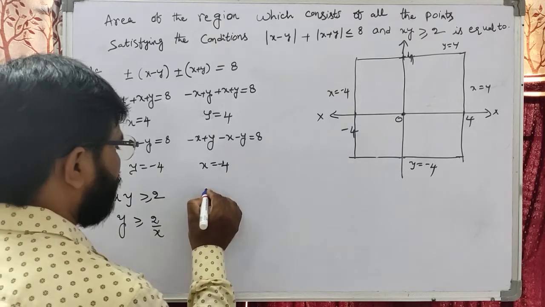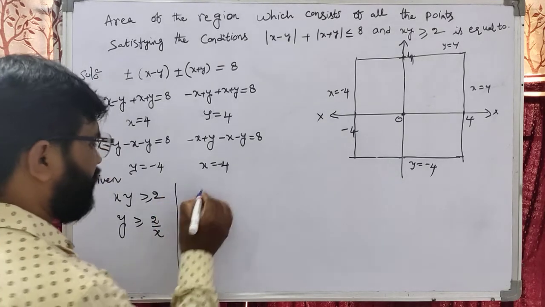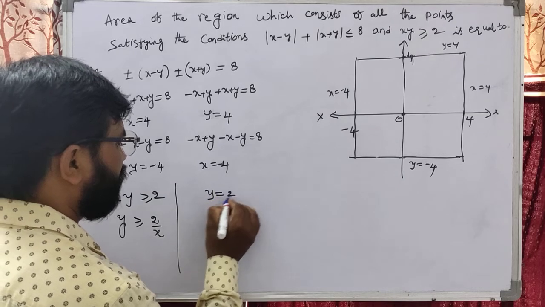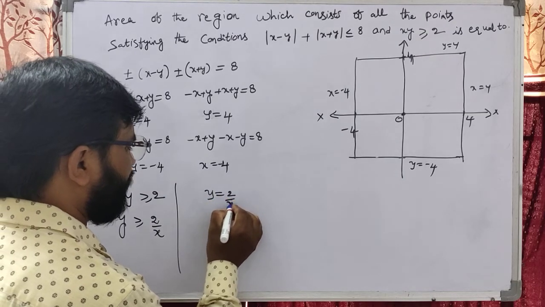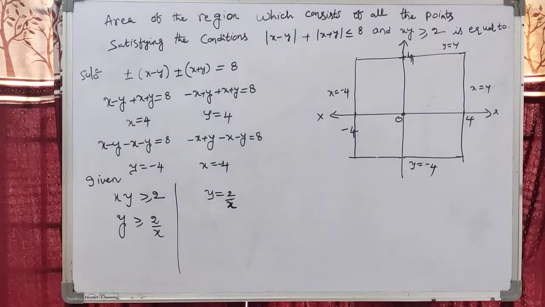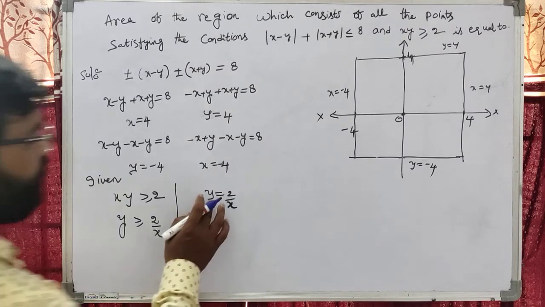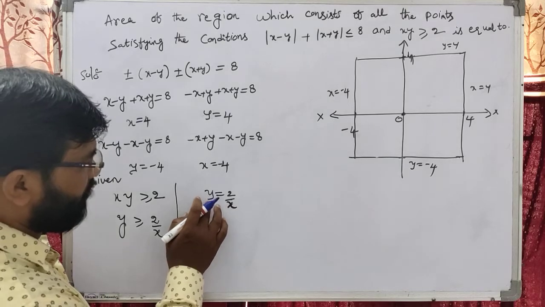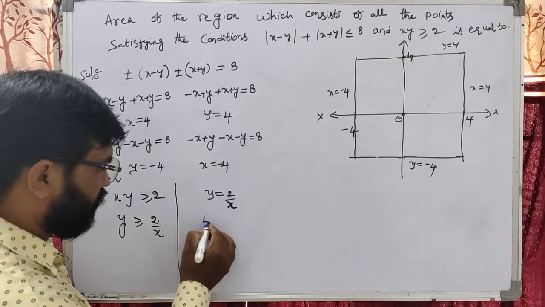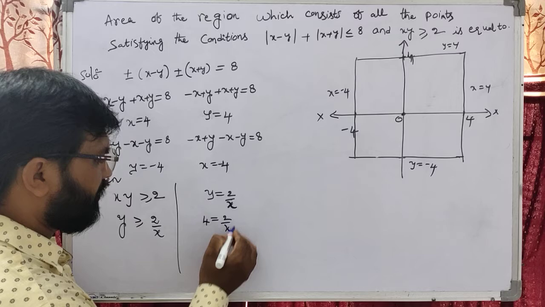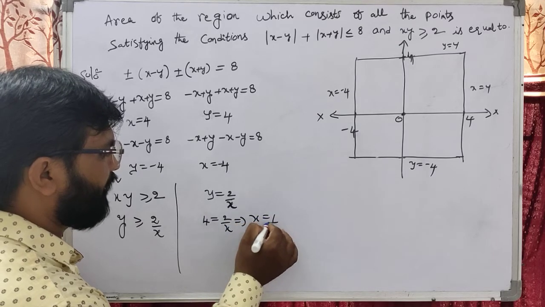Suppose, students, if y = 2/x, we can observe the point of intersection: when we take y = 4, definitely x will come 1/2.